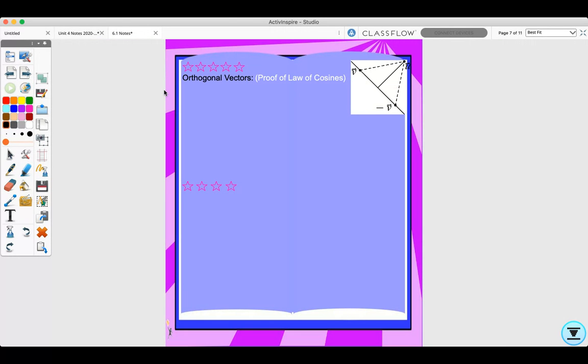Orthogonal vectors. So this is the proof of the law of cosines. So you should be seeing a lot of geometry here that you've used in the past in calculus, precalculus, algebra 2, and geometry.